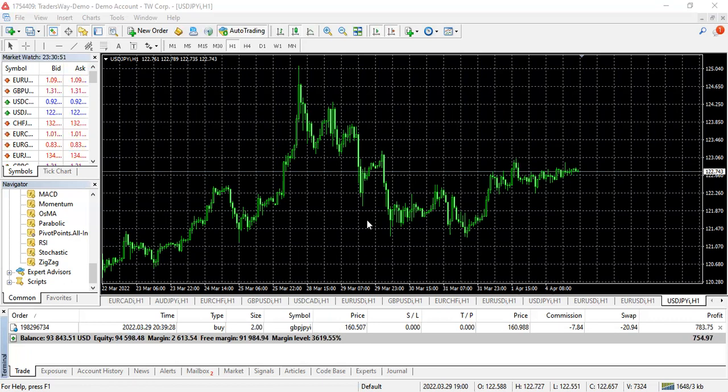So if you are targeting to earn 1%, you have it in mind to risk at least 0.5 of that particular account. So now, this is my account. I'm using $100,000 to trade on this demo account. So on a $100,000 account, 1% will be 1,000 USD. And 0.5% will be around 500 USD. Yes.